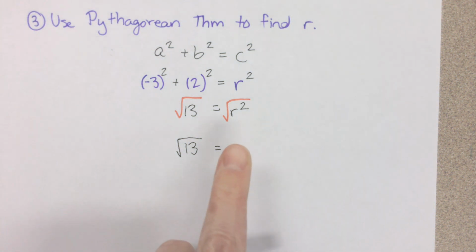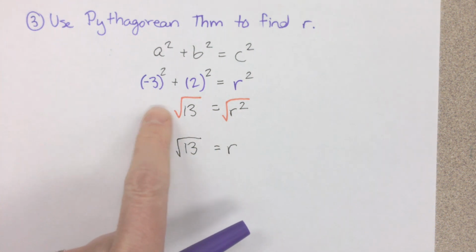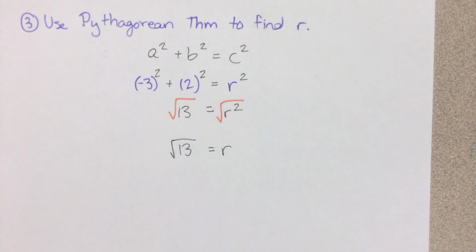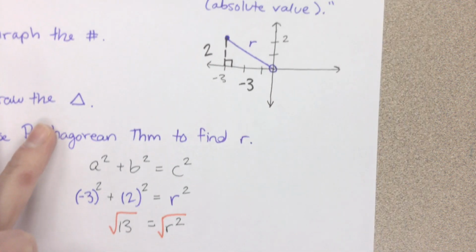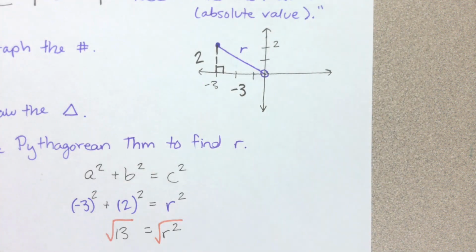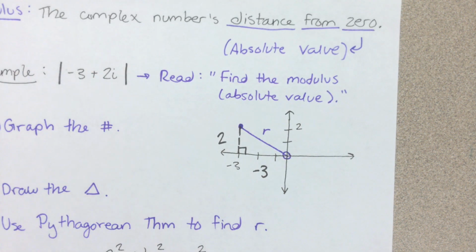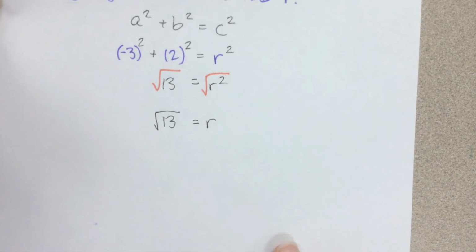Now, if you remember, anytime we square root both sides of an equation, the number gets that plus or minus. There's two reasons why I'm not writing that down. Number one, hypotenuse in the plane is always a positive number. Number two, reminder, we're finding the absolute value. That's the question we're answering, and absolute value is always positive. So for those two reasons, it must be positive square root 13.